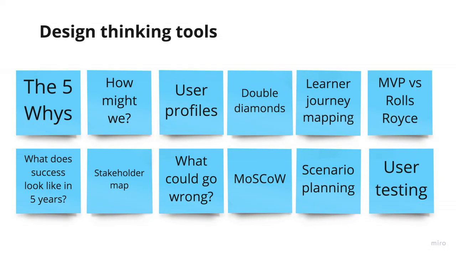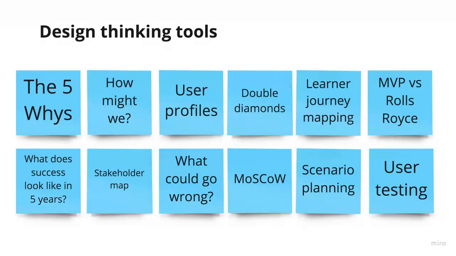So when you're defining your problem statement, you might have a number of different problems that you need to solve for. You've got to go, okay, which can we group together and what do we potentially need to park and look at in a year's time or 2 years' time.